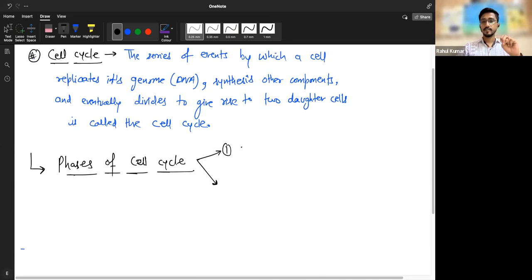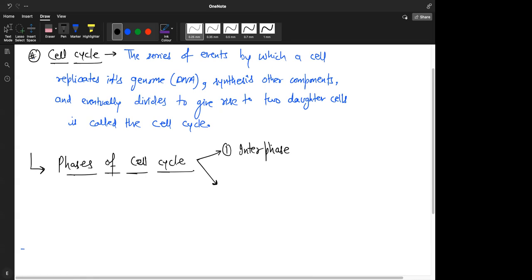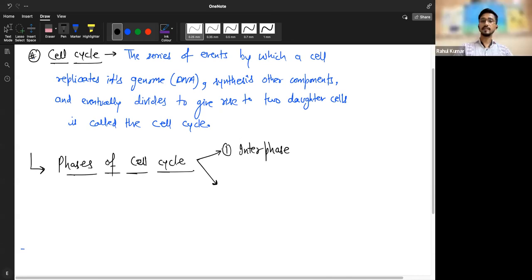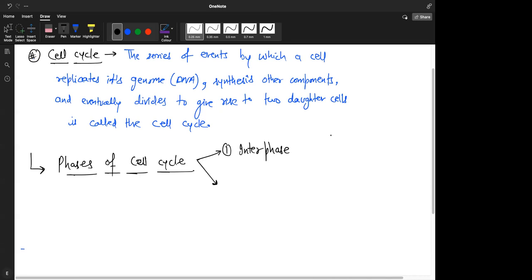So the first phase is called interphase. What does the word inter mean in biology? I think Iram and Aisha will answer this. We just went through this whole thing over and over again. Between. Exactly. So Maha, you can write down the word inter means between, and the word intra means, what does it mean, Iram?